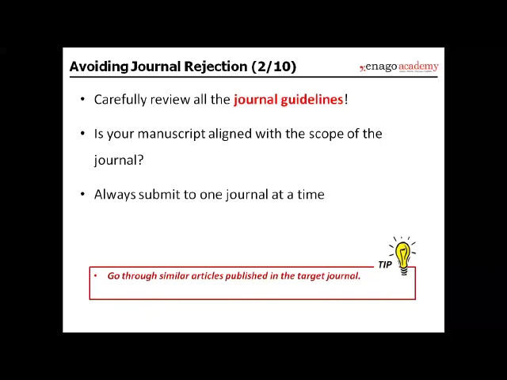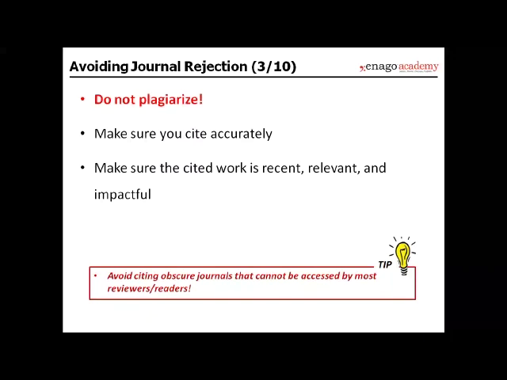Then this is very important. Do not ever plagiarize. Plagiarism is frowned upon and it should not be practiced ever. You need to ensure that you cite whatever you refer to. If you don't cite and refer to something, that is again an act of plagiarism.